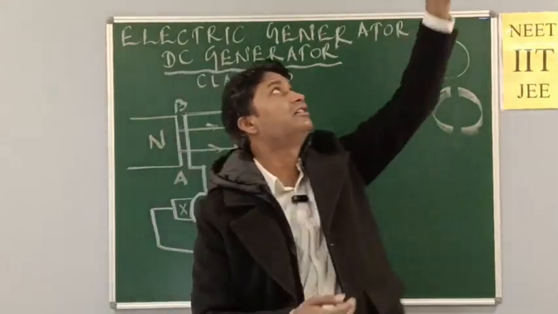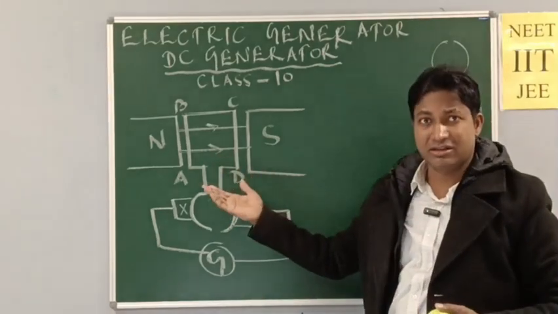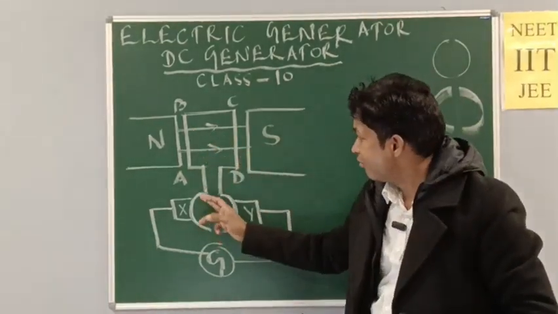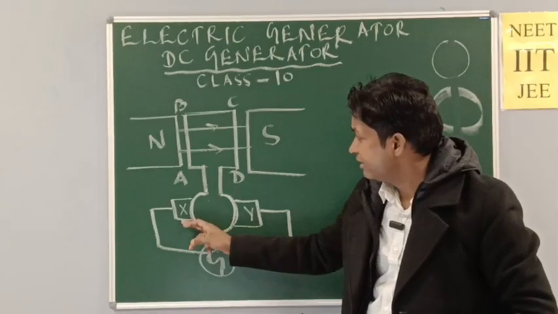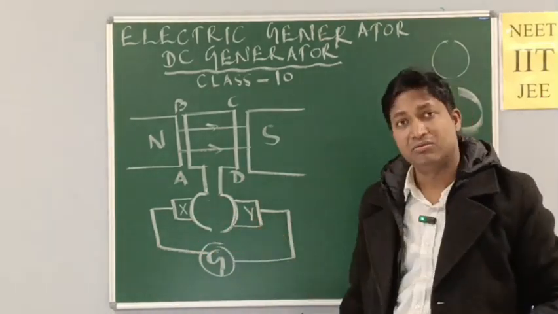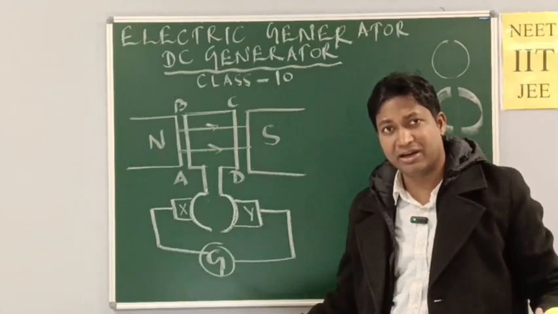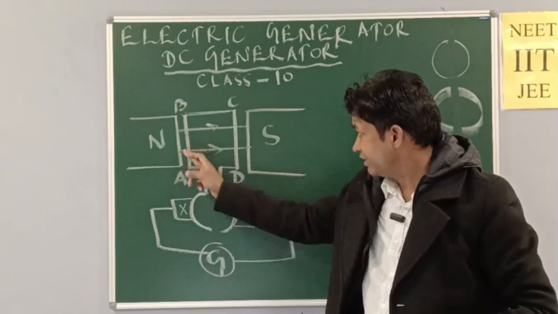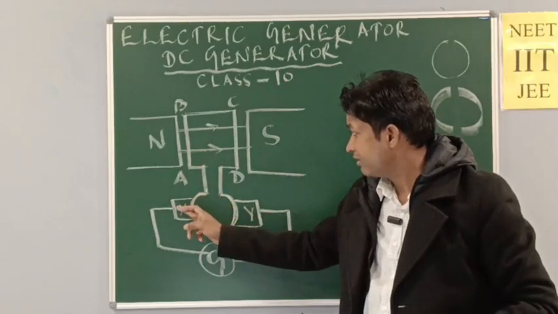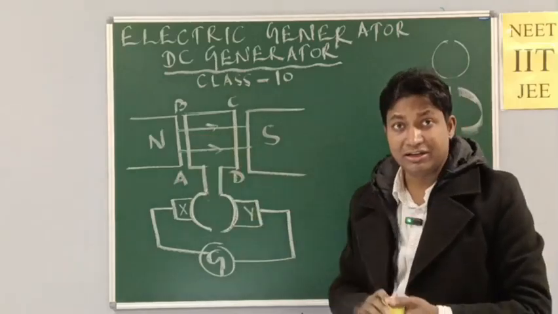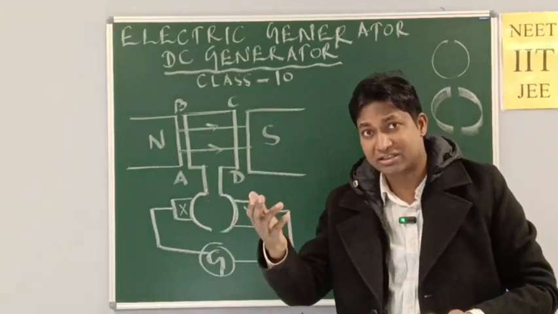If someone asks you to make the construction of the DC generator, okay, I agree with you. But further, please explain why this split ring is in contact with carbon brush X and here Y. Then we should reply, if current is induced in this arm, then current will pass through X and go to Y like this. That is why current can pass.